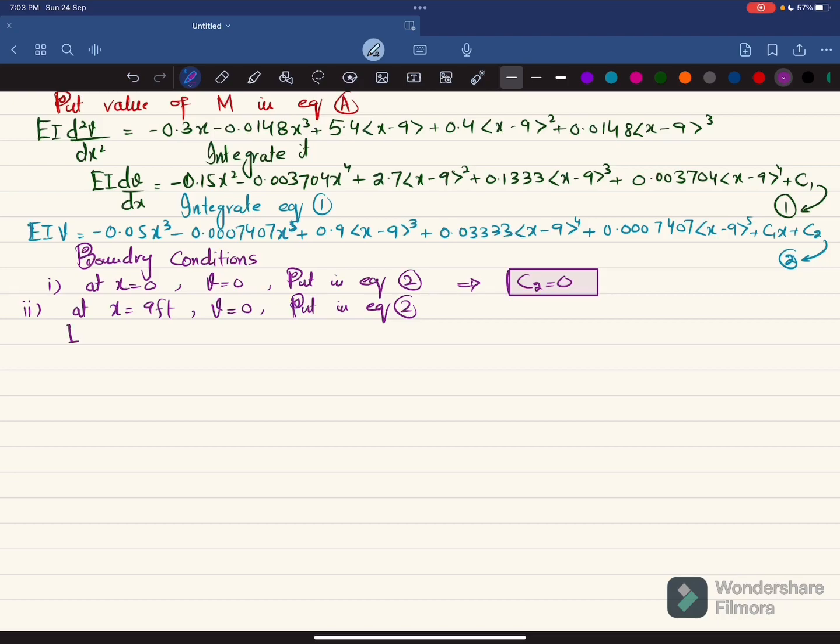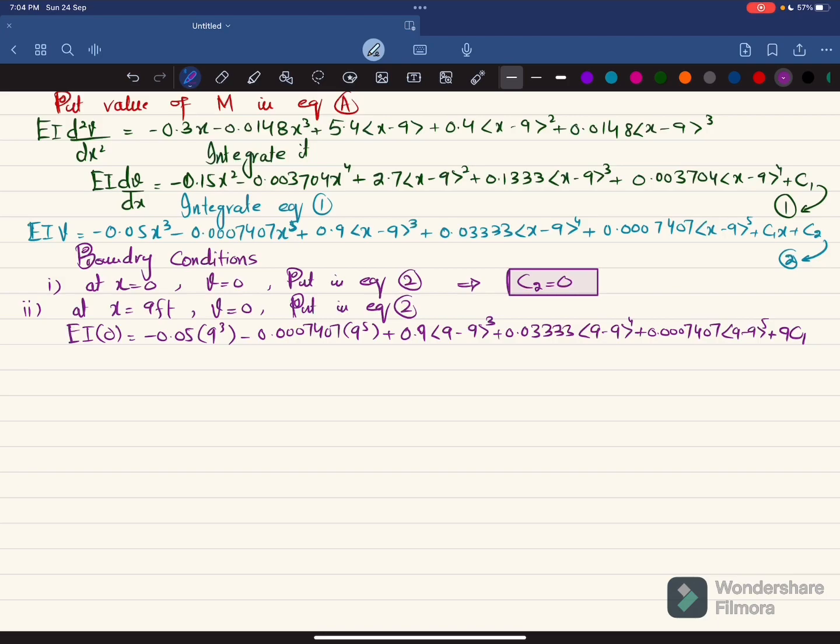So EI into 0 is equal to minus 0.05 into 9 cubed, minus 0.0007407 into 9 to the power 5, plus 0.9 into (9 minus 9) cubed, plus 0.03333 into (9 minus 9) to the power 4, plus 0.0007407 into (9 minus 9) to the power 5, plus c1 into 9, which is 9c1, and c2 is equal to 0.